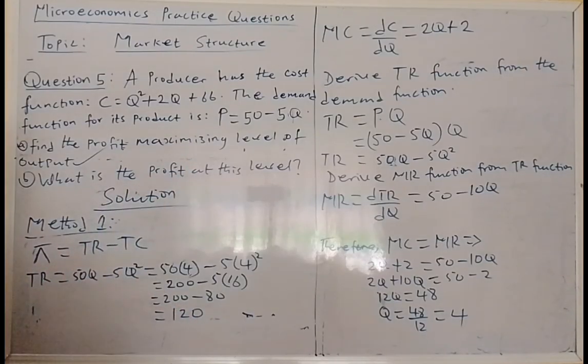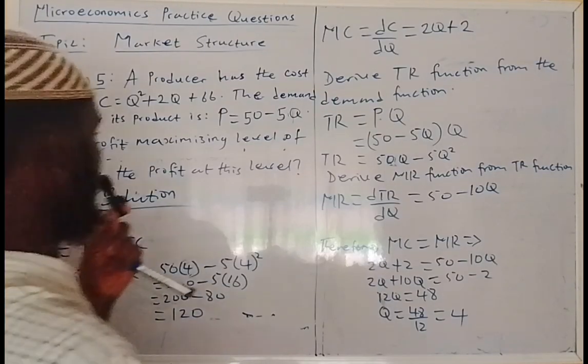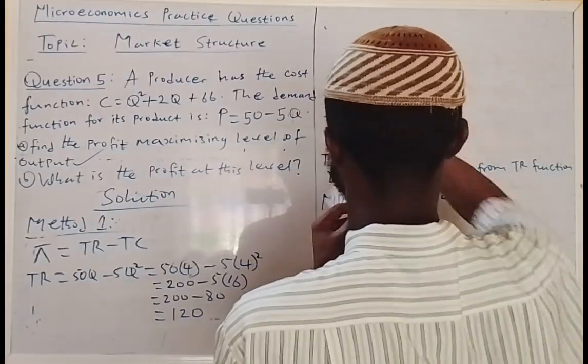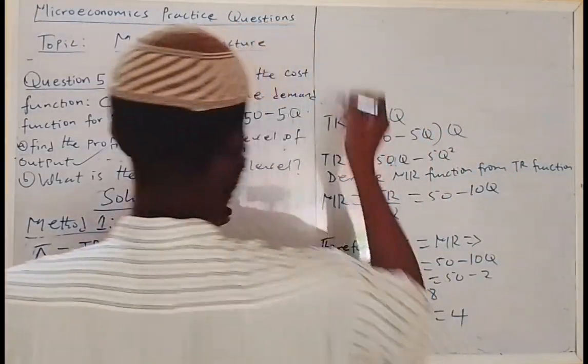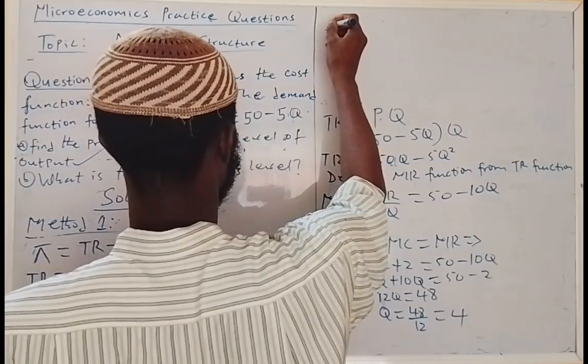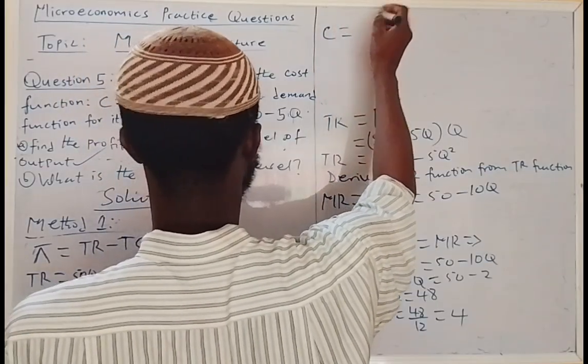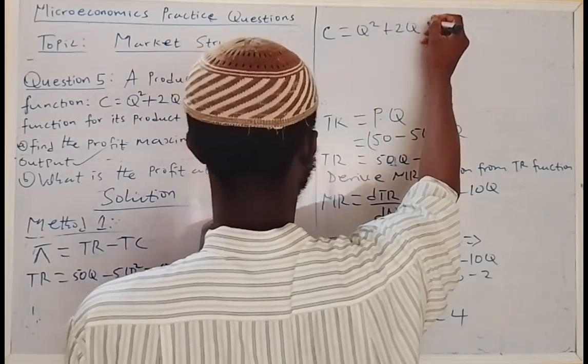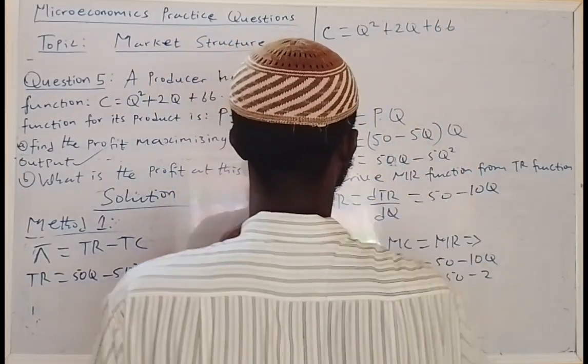Now we can also do the same thing for total cost by substituting the value into the total cost function. So how do we substitute that? You recall that the total cost function is C equals Q squared plus 2Q plus 66.